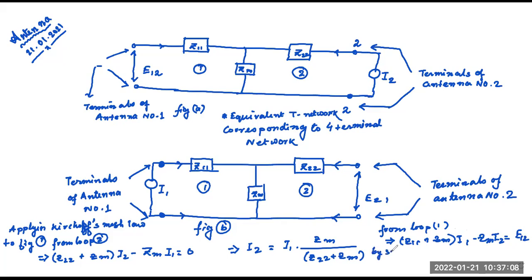By substituting the I2 value, what will we get? We get Z of 11 plus Z of M into I1 minus Z of M into I1 by Z of 22 plus Z of M equals E of 12.